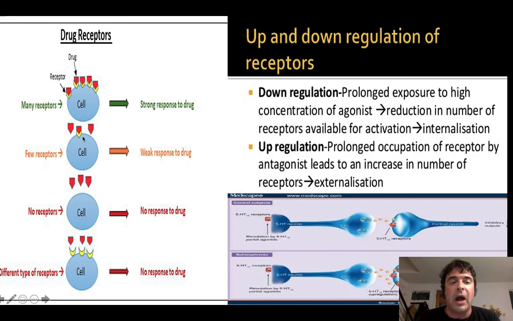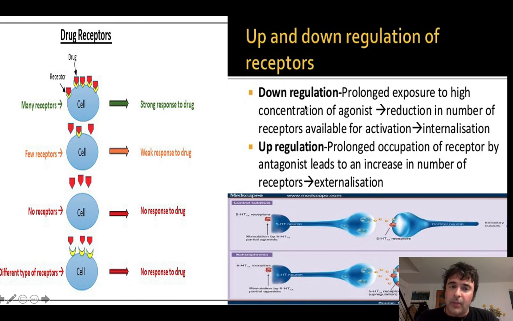Well, it probably has to do with receptors, right? I probably have a lot of them and I'm very sensitive to it, where you don't have very many of them and you're a little bit less sensitive to it, or you've downregulated that sensitivity over time. If there are no receptors or different receptors, you're going to get no response to that medication. Many of your medications, not all of them by any stretch of the imagination, but many work on receptors.